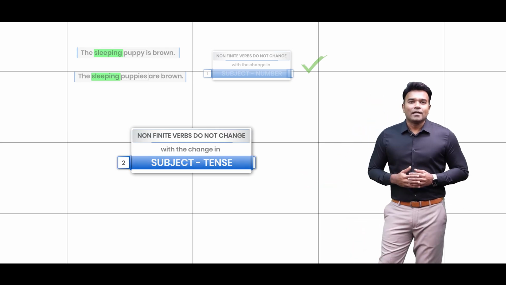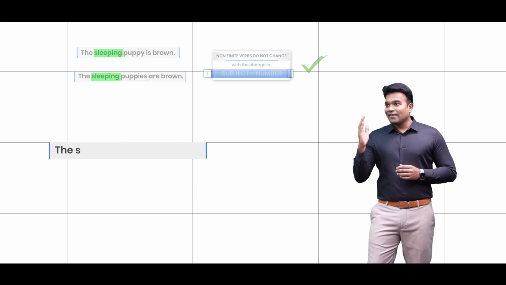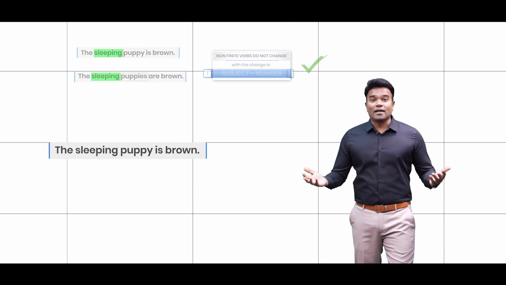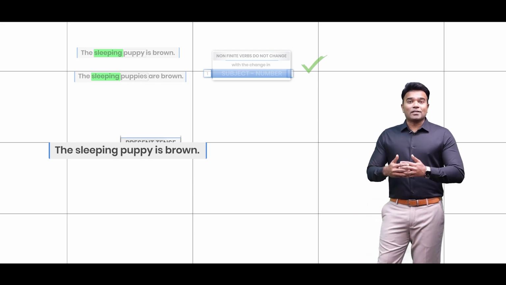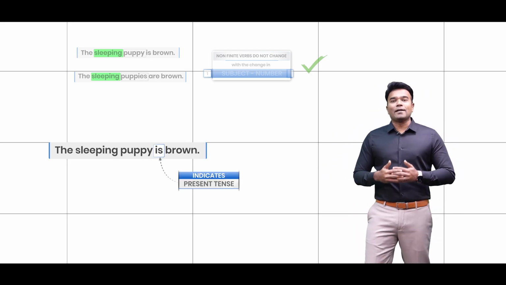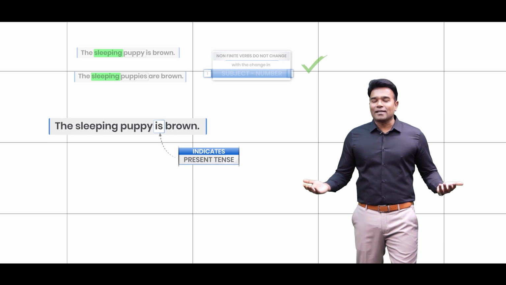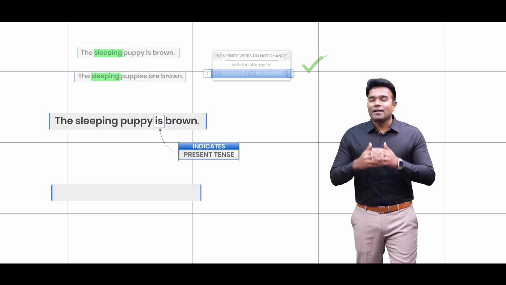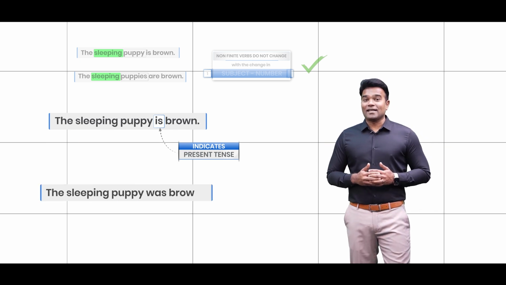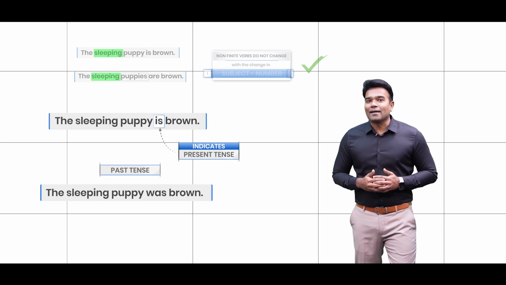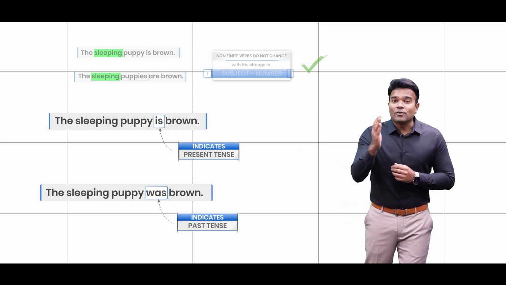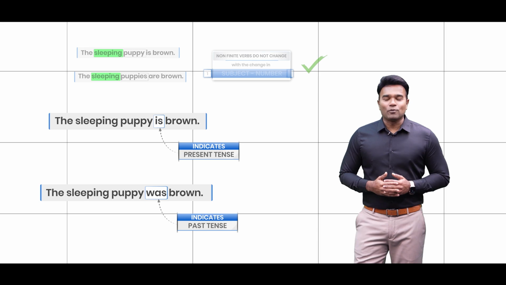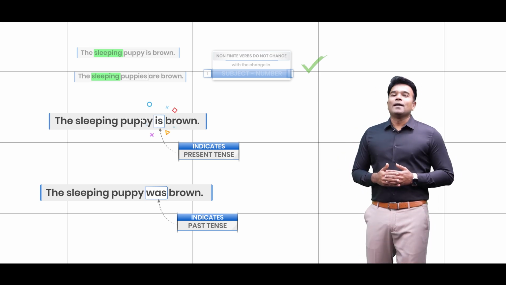Well, what I mean is, have a look at this sentence. Again here, this sentence is said to be in the present tense because you must notice this word is. Is means that we are talking about the present tense. But just in case I express this in the past tense, then you can notice that we make use of the word was over here. But don't focus on these words is and was.